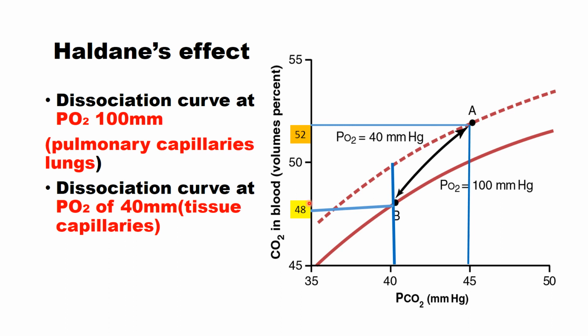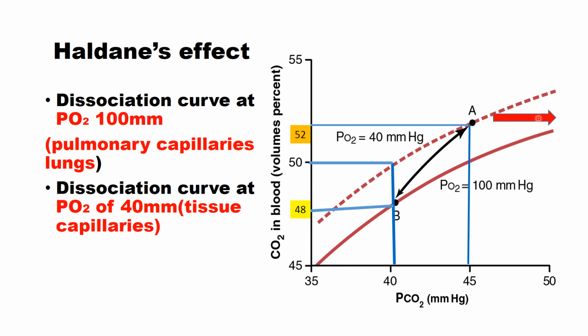This represents a 4% loss of carbon dioxide, that is the amount of carbon dioxide which is released from the blood into the lungs. And this is so because the carbon dioxide dissociation curve has shifted to the right and lowered in the presence of increased oxygen saturation.